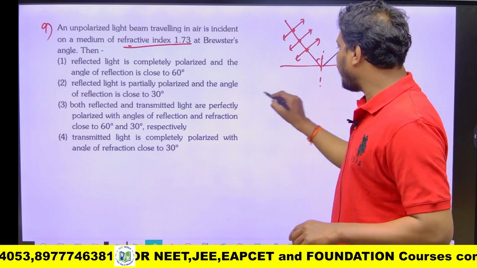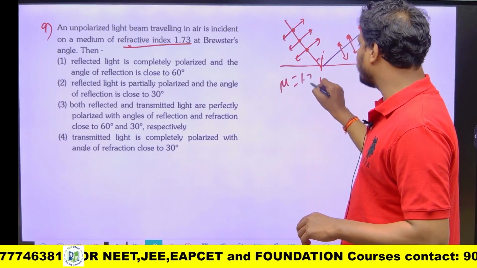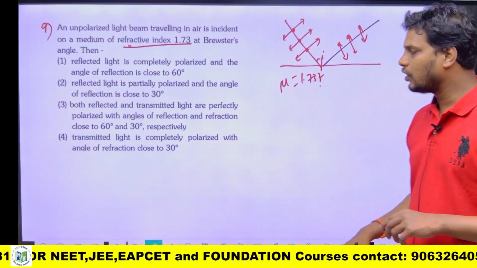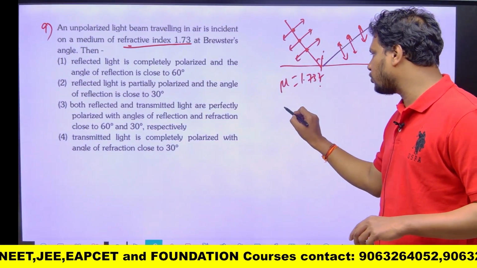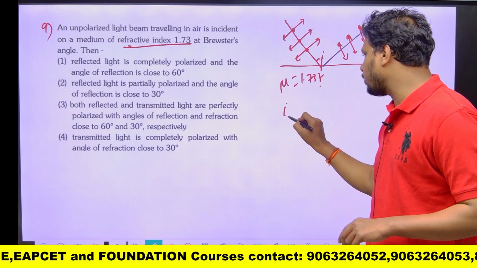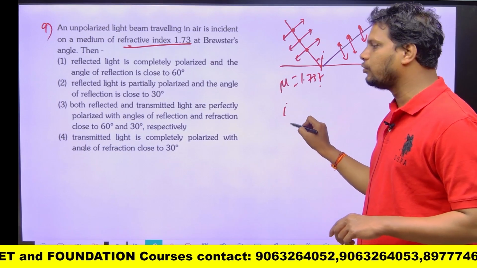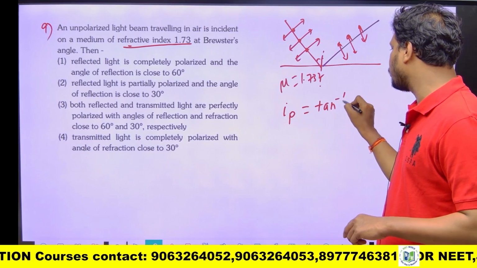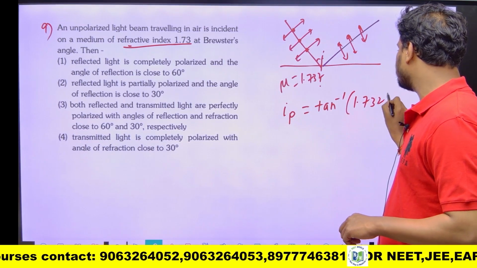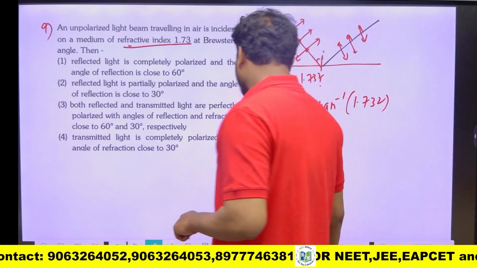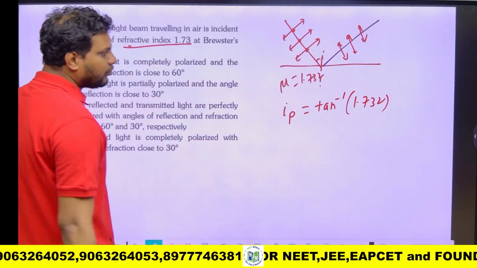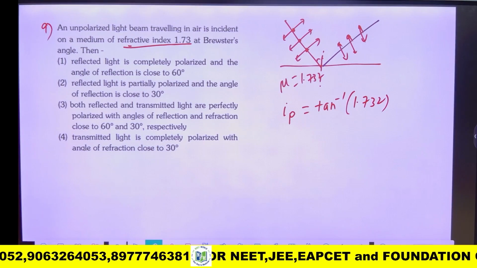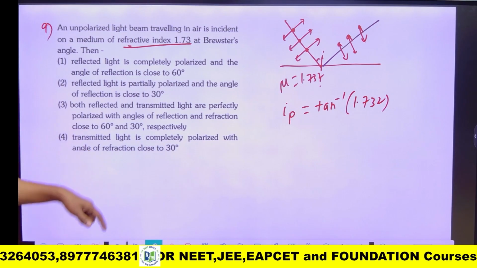And the refractive index of this medium is 1.732. Then we have the formula for Brewster's angle: tan IP is equal to mu, or IP is equal to tan inverse of mu. So IP is equal to tan inverse of 1.732. Clear? So when you get tan value as 1.732, we can write it as root 3.